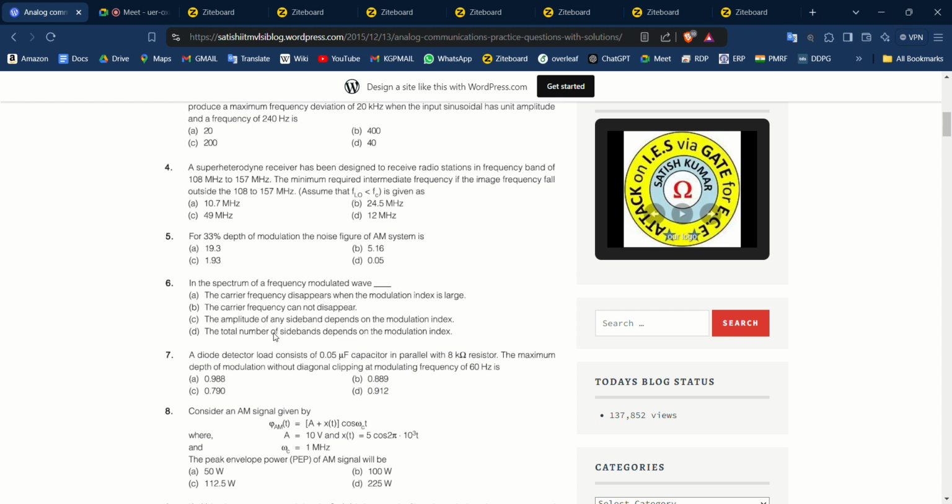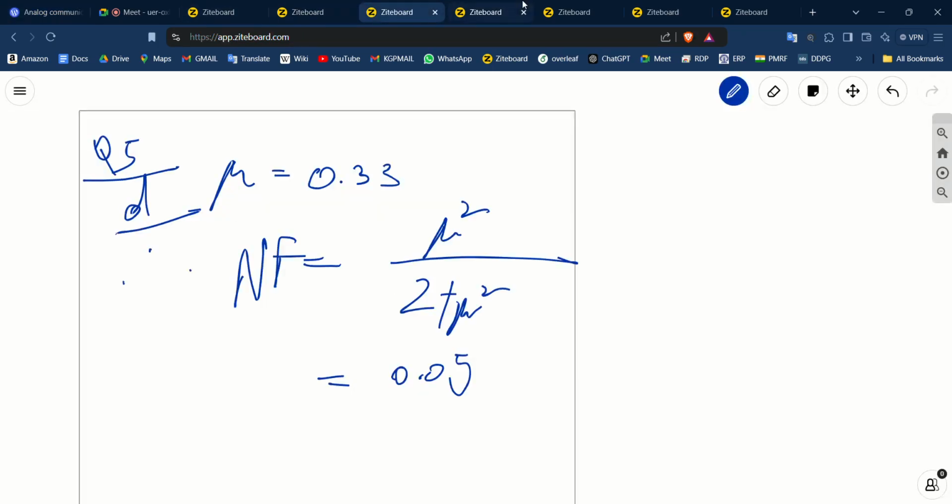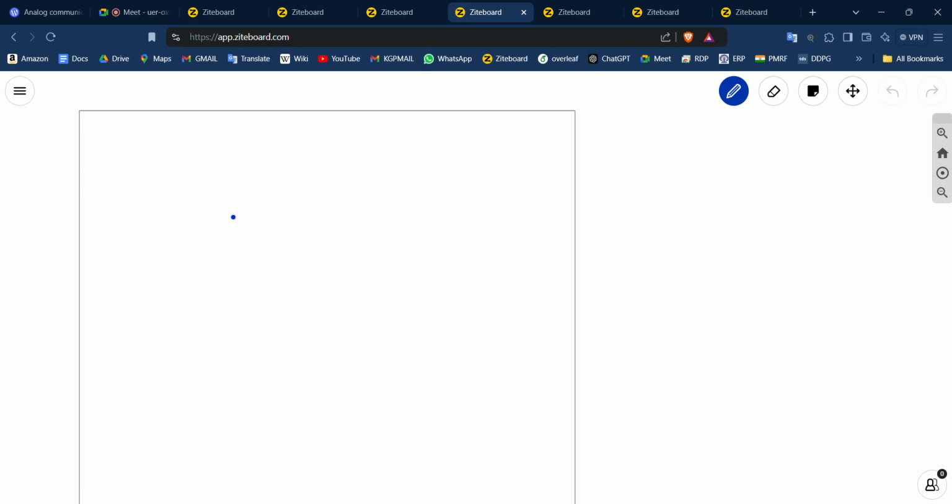See, the thing is, in frequency modulation, the modulation index is within the phase of the signal. So, what is the FM signal?